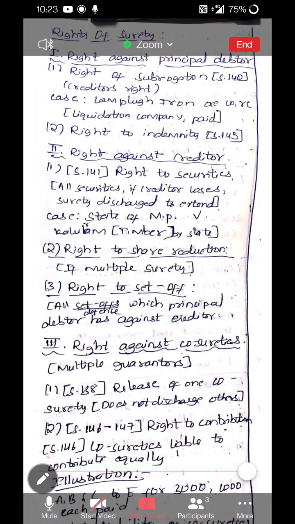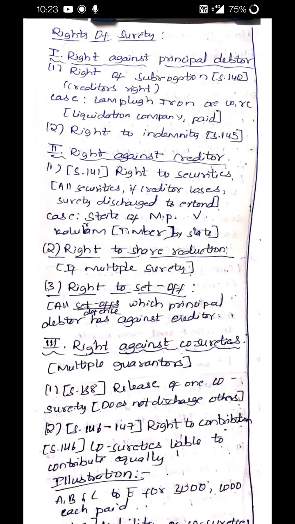So it is not free. If the principal debtor causes harm or loss to the creditor and the surety pays his amount to the creditor, then also the principal debtor will have to pay all the losses to the surety later on. That is right to indemnity. A right to indemnity arises between the principal debtor and the surety.